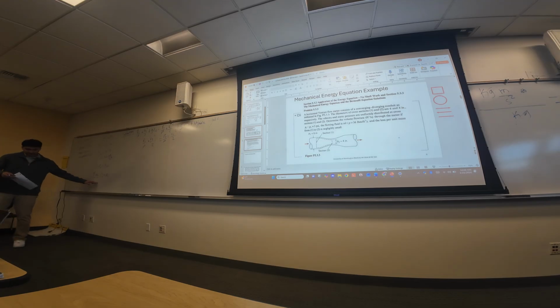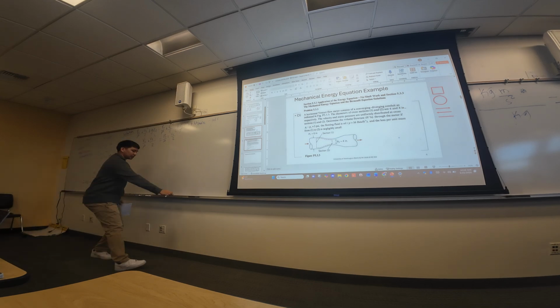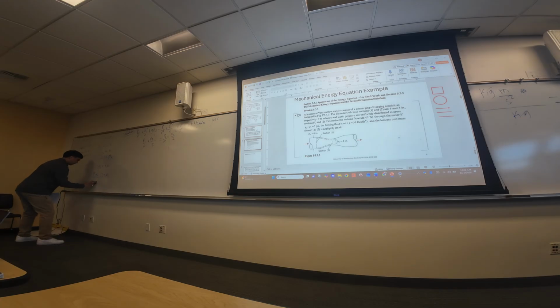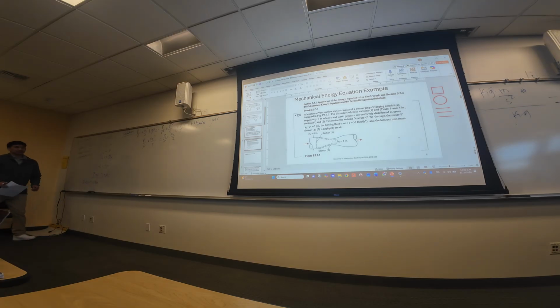So that's going to be here. So we can work on the side here. If Q1 equals Q2, A1 V1 equals A2 V2, right? Continuity equation. We couldn't assume that in our quiz, right?